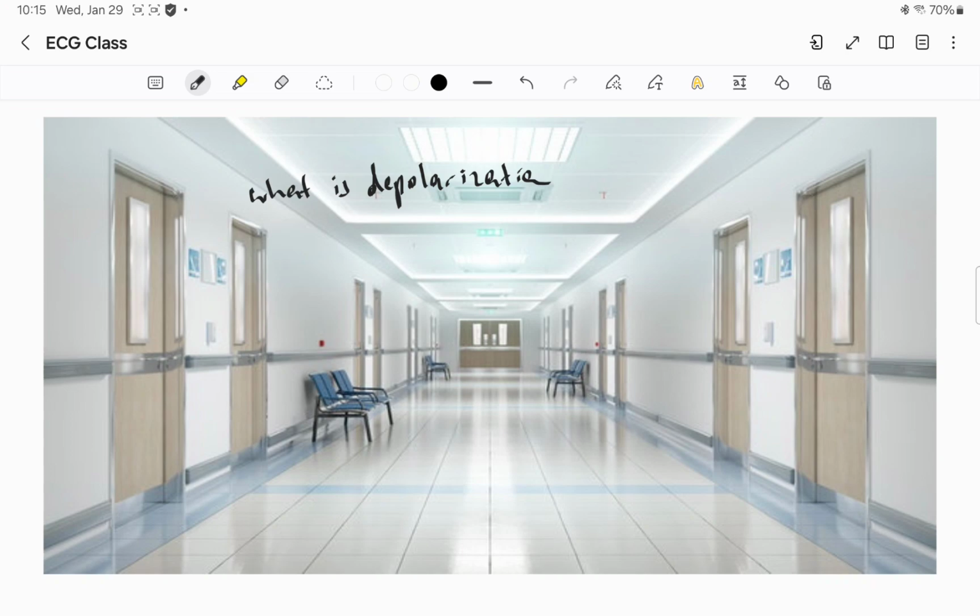And this is a passive process. So basically, polarization can be looked at in this way, right? Guy here pushing the boulder up the hill.